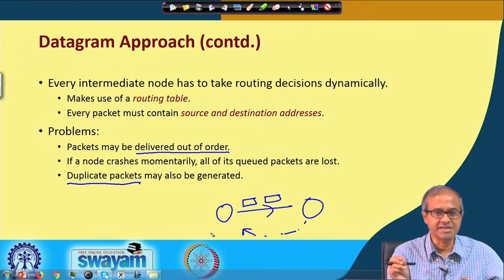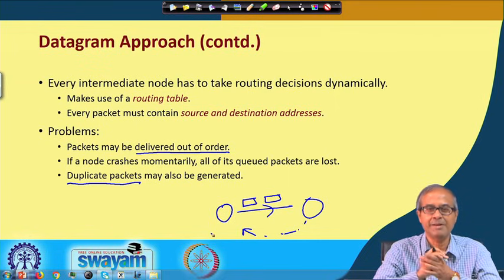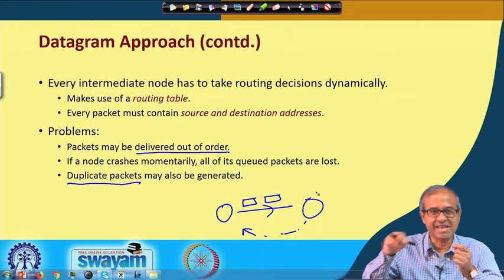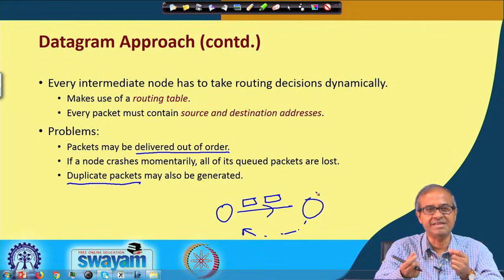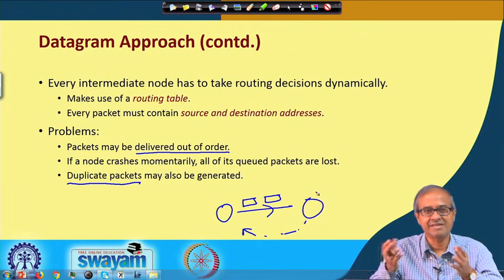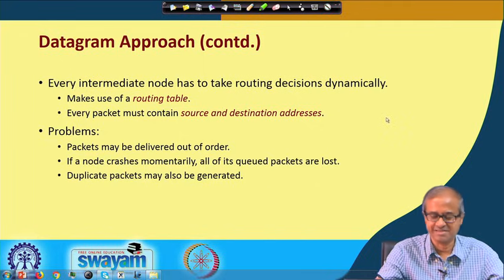If the acknowledgement does not come, the sender will assume that there is something wrong, let me send it again. Okay? But it may so happen that because of some other problem, the acknowledgement got delayed. But if the sender sends the same packet again, there will be duplicates generated, right. So, some duplicate packets might get generated.